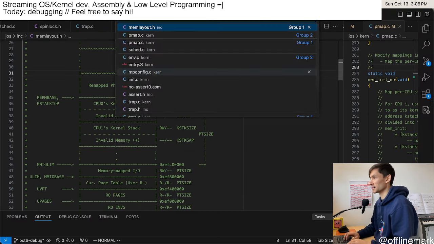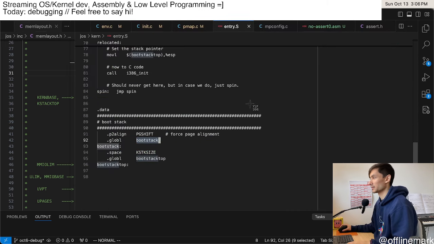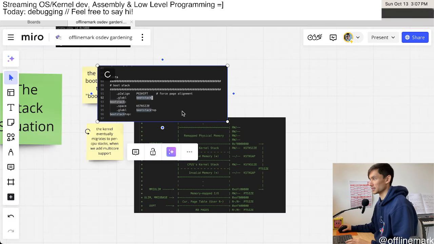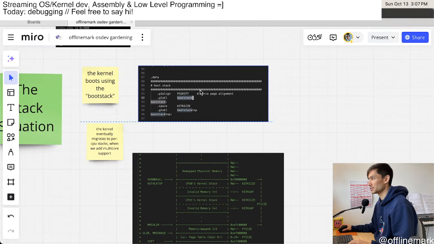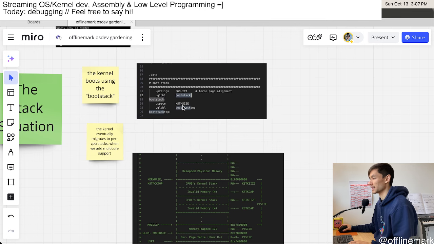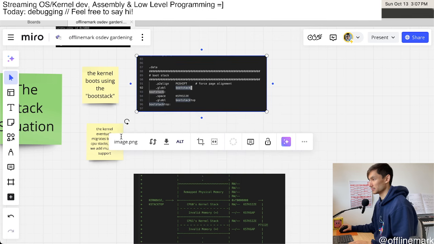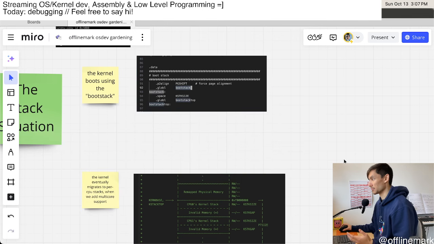So here's where the boot stack is declared. The boot stack is actually just a region of space allocated in the kernel binary. And it's a K stack size, which is several kilobytes. It's a region inside our own data section of the binary that we use as the stack.